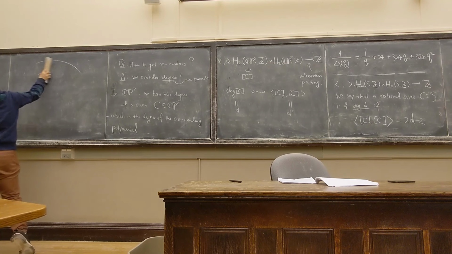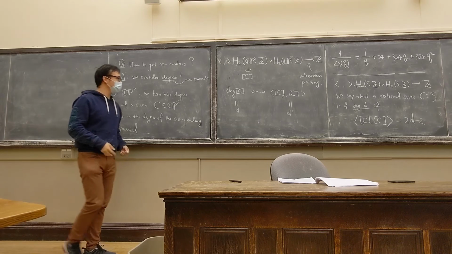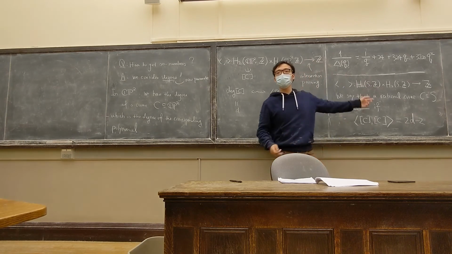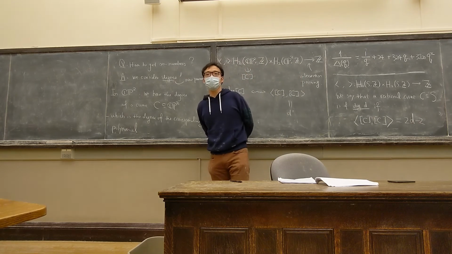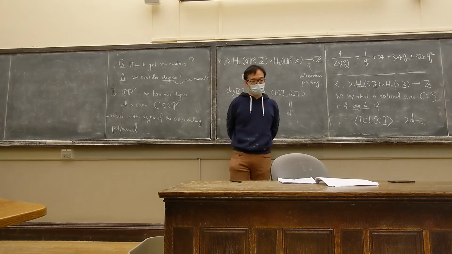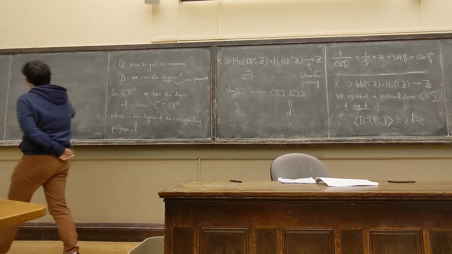As I said, the upshot is that using tools from topology, it makes sense to talk about the degree of a curve inside a more complicated surface than CP2. This is the missing piece we had, and then we can talk about the problem.